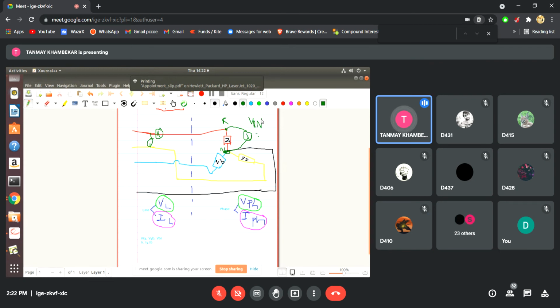We can ignore this neutral. So what name will I give to this voltage? Phase voltage? VR. Yes or no? One end to R, the other to neutral. Neutral I can skip. So the name I can give is VR.